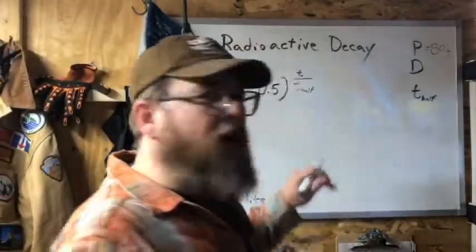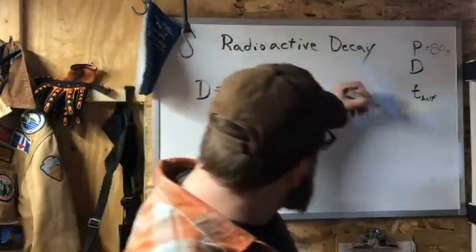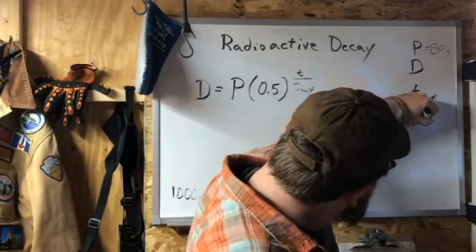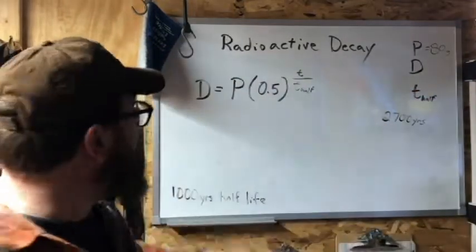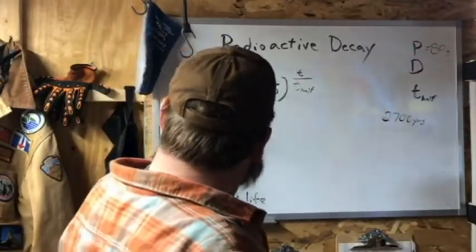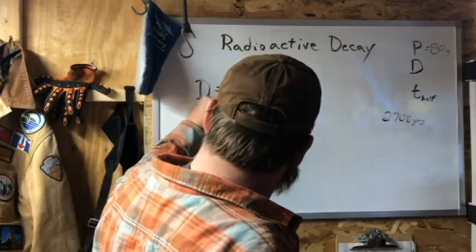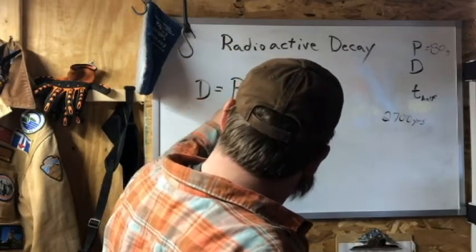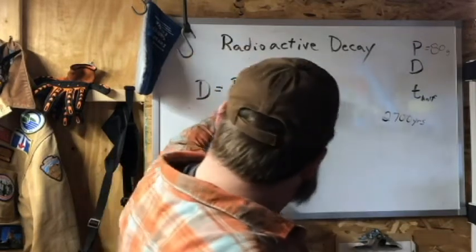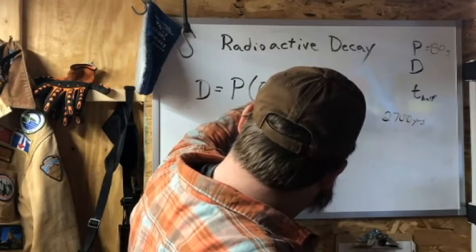But what if I want to know, instead of even 1,000, 2,000, 3,000, how much is left after 2,700 years? All right? So let's do that again. We're still working with our 80. That's our parent. So we still have our daughter, which is our unknown. So you have your 80. This isn't going to change. 0.5. 2,700 divided by 1,000 in our exponent.